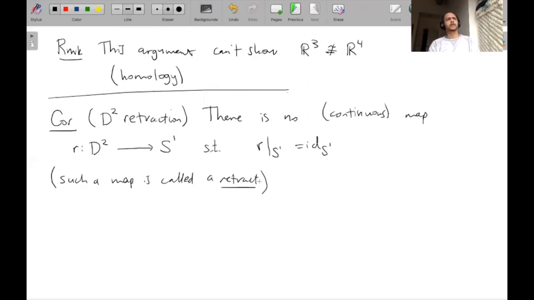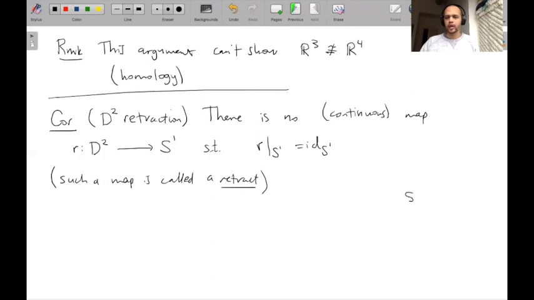This is a different kind of corollary than we've seen before, and it falls into another general class of topological results.